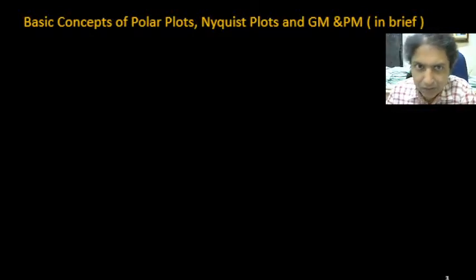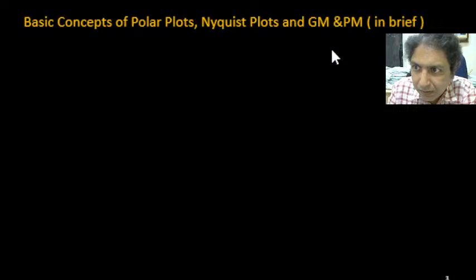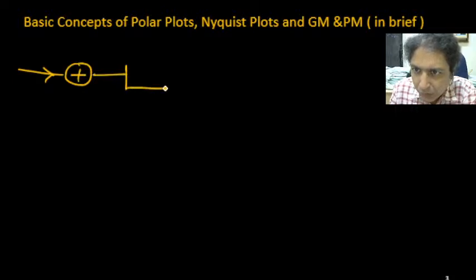Now, simply the polar plots. As you know, in control system you will find this kind of system, that there is one plant, G(s), and it is having one feedback.